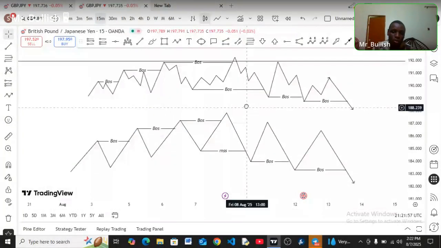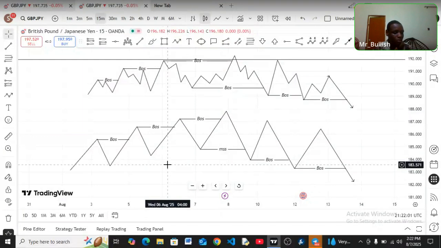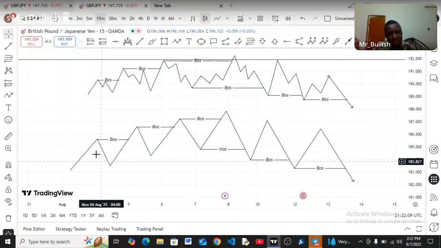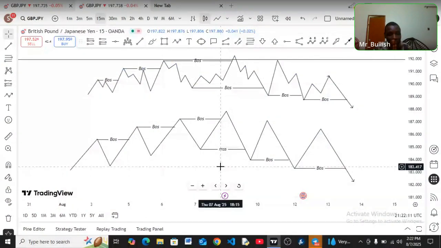So we'll talk about external market structure and why it is important, and we'll also talk about internal market structure, why it is important tonight. So let's go. This is external market structure. An external market structure is actually the main market structure of the market. That's how the market really is moving. You understand?